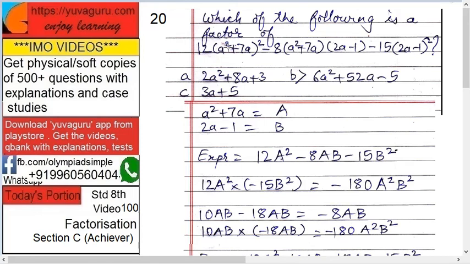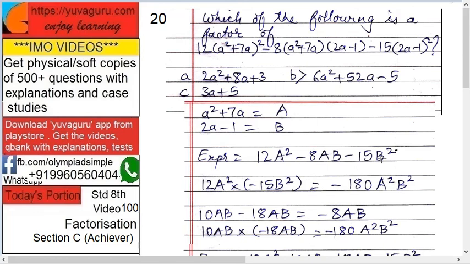Now instead of solving this directly, what you do is convert this a square plus 7a into capital A and take this 2a minus 1 as capital B. Then the expression becomes what? 12A square minus 8AB minus 15B square, right? Now follow our rule. 12 into 15, minus 15, that is minus 180 A square B square.